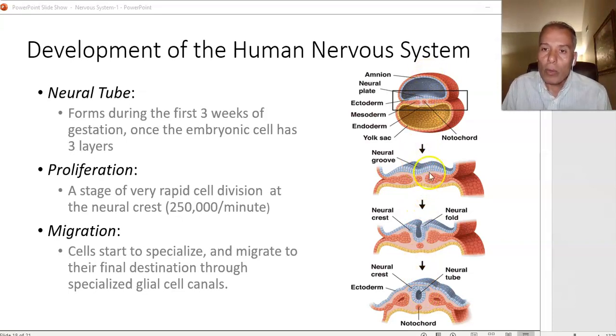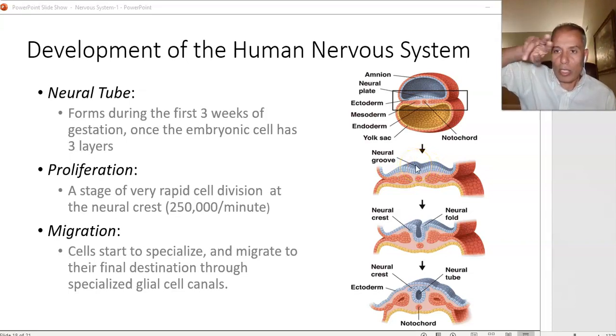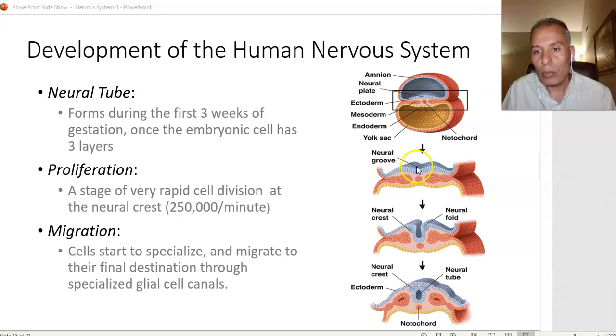On the back of the fetus or the embryo, you have a little indentation, like a little valley that starts to emerge, and that becomes deeper and deeper, and then the 2 edges at the top will meet each other and fuse. Now they have formed a tube. That's called the neural tube.